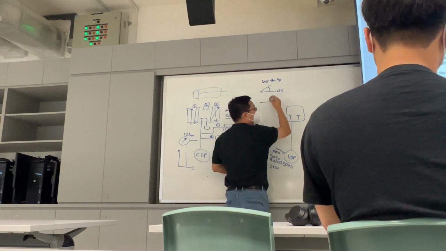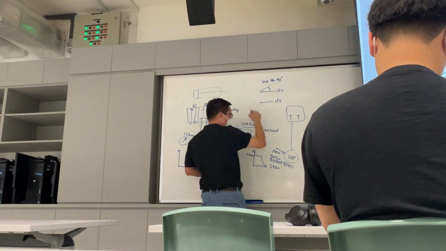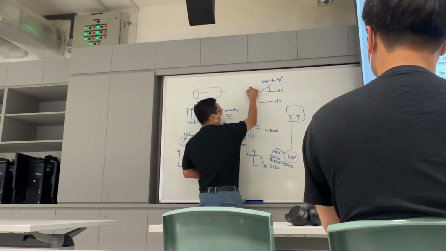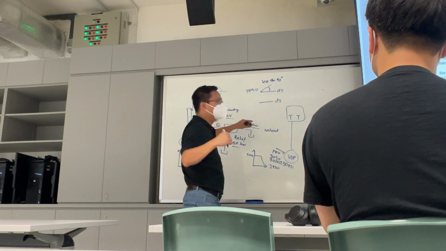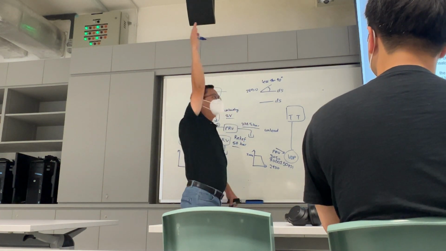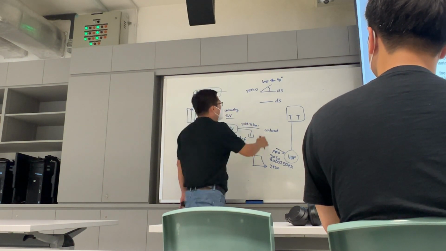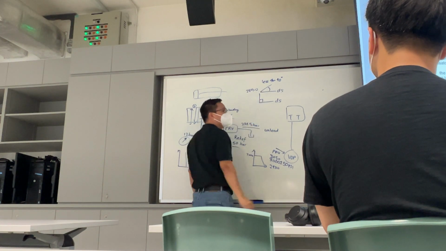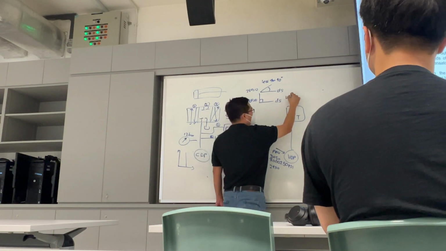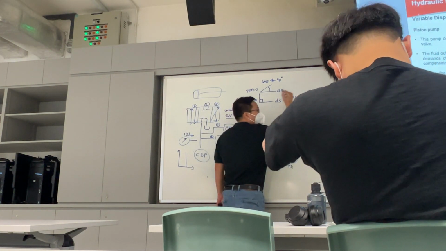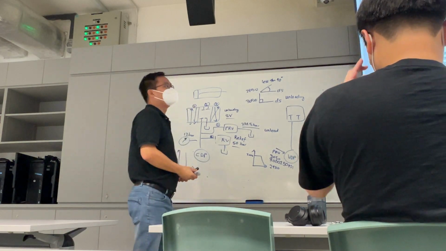That means the pressure is too low. So what will be the pressure here? 2950. That means I must start to push more fluid to my customer. If I'm at 90, it means it is 3050. In this case, what is happening? It's unloading. Right now. So that's what it is.